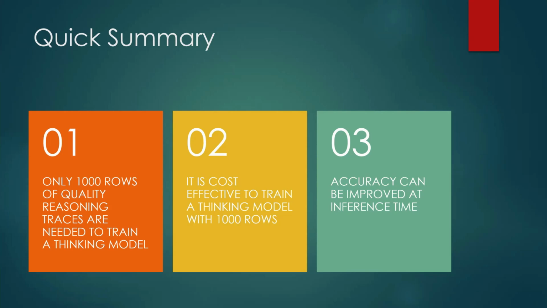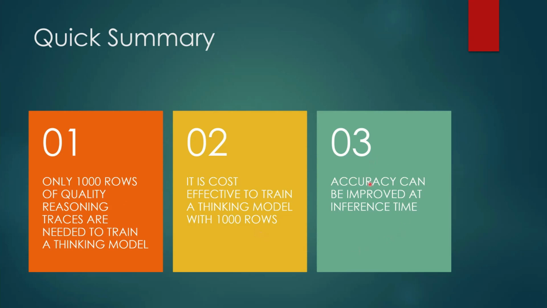But 1,000 rows, if you are a super expert in your domain, you can make this manually, so it's within reach. And I always thought that to train a model you need millions of dollars, and it turns out you only need $6. So now it democratizes training.